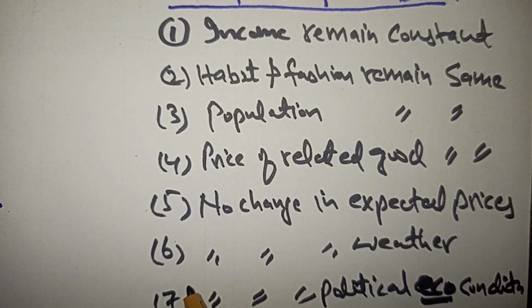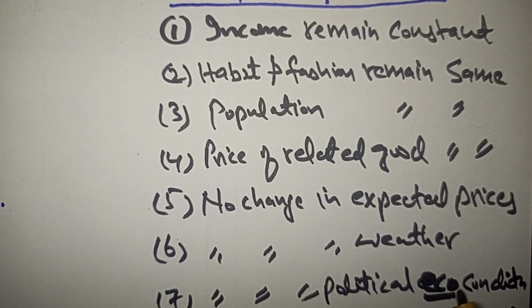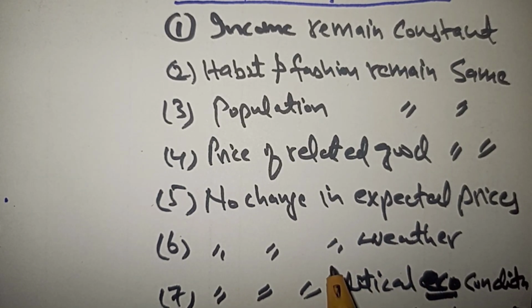Number 6. No change in weather or climate condition. If there is a change, then the law of demand will not be valid. The effect of weather should also be taken as constant.